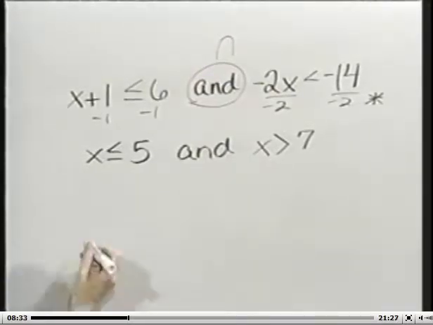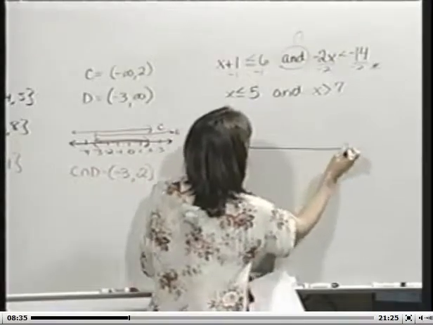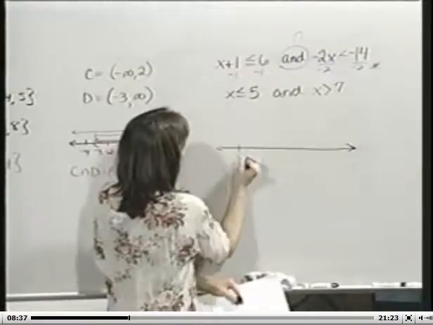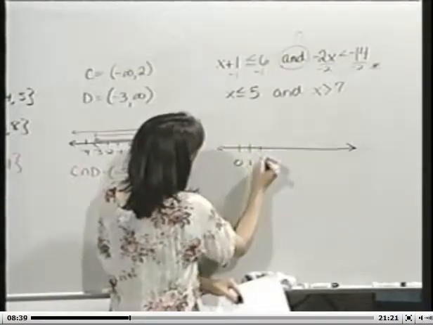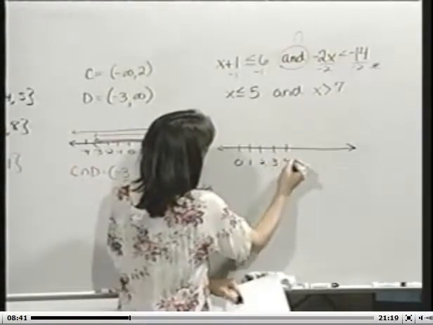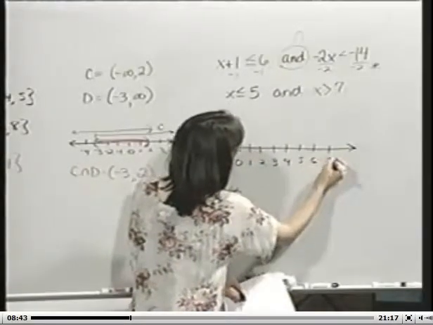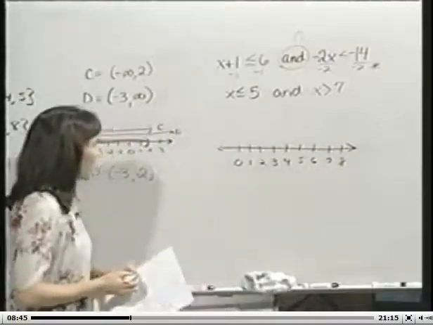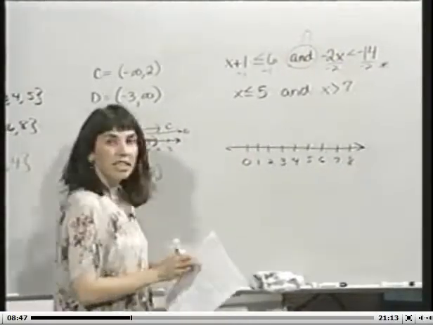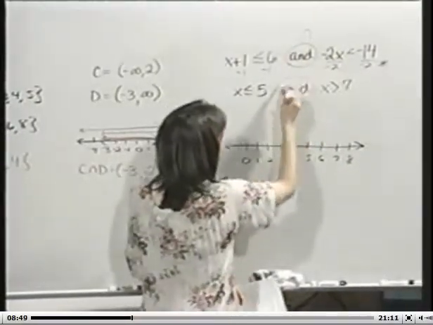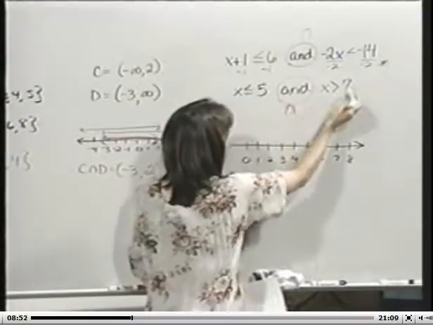So let's put this on the number line and let's see what the intersection is. As we go about it, we've got 0, 1, 2, 3, 4, 5, 6, 7, 8. I want all numbers that satisfy this and intersecting this.